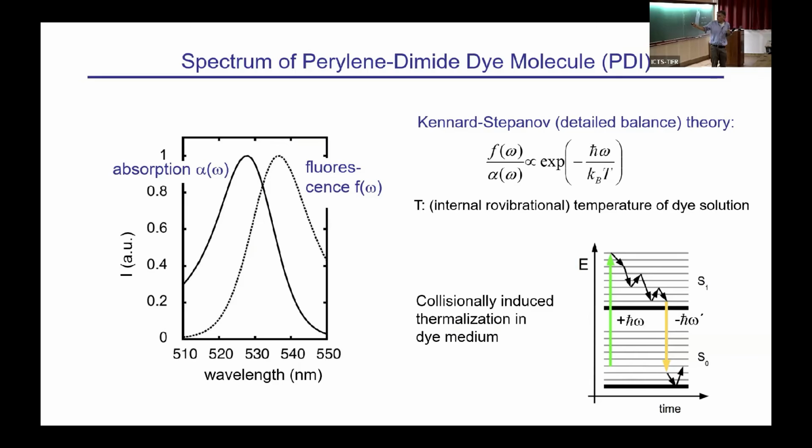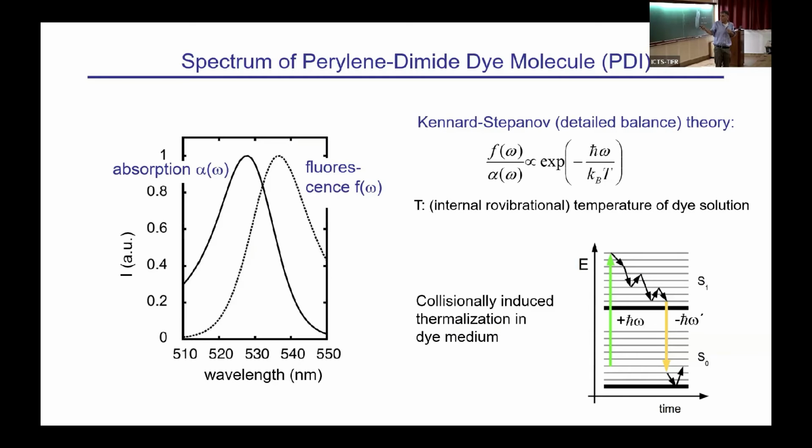Correspondingly, we get a thermalized distribution, not just in the ground state rovibrational manifold, but also in the rovibrational manifold of the electronically excited state. And if both the ground and the electronically excited state rovibrational manifolds are thermalized, this thermalization also imprints onto the spectra. This is the background of this Kennard-Stepanov relation.